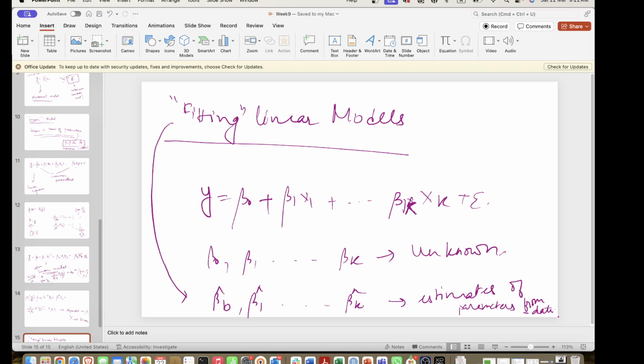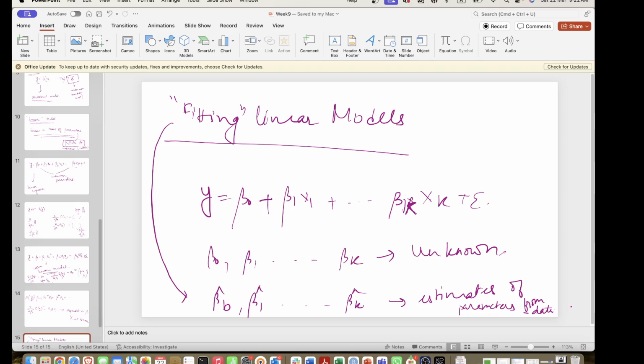That is, I have a linear model. I want to quantify the relationship. If I assume that it is a linear model, that is linear in terms of the parameters, then using the data, I want to infer what the values of these unknown parameters could be.